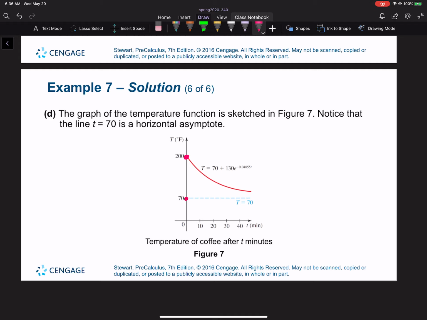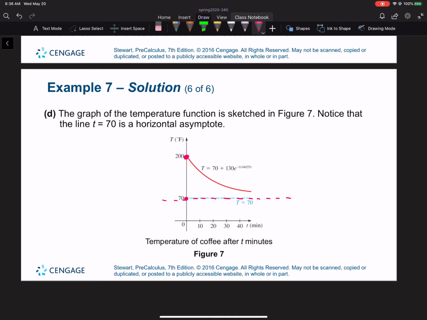The coffee is going to cool all the way to the room temperature, so it's a decreasing graph, but you have to get to the room temperature. After some time, if it gets cooler than the room temperature, that's when you can cross that horizontal asymptote.